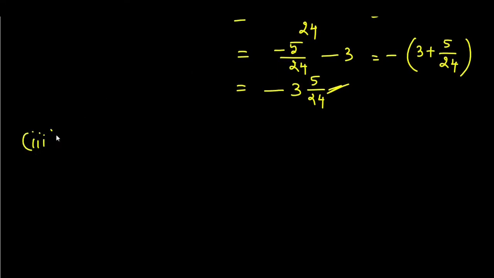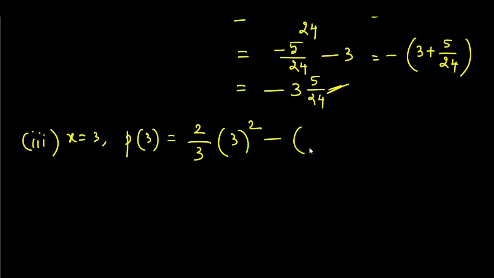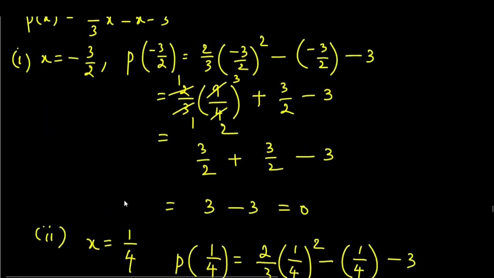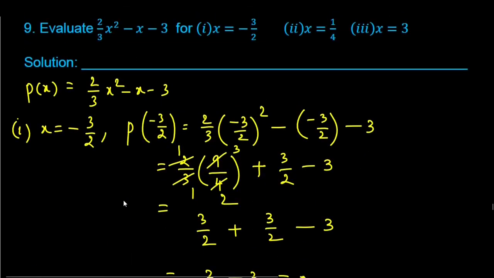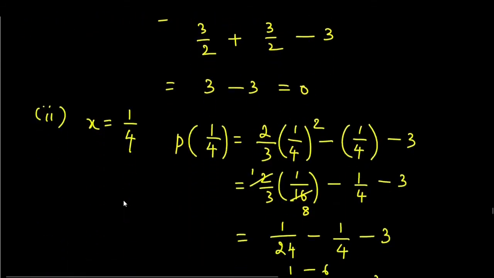Third one is x equal to 3. P of 3 is equal to 2 by 3 x square, so 3 square, minus x, so 3, minus 3 as it is. 2 by 3 x square minus x minus 3.